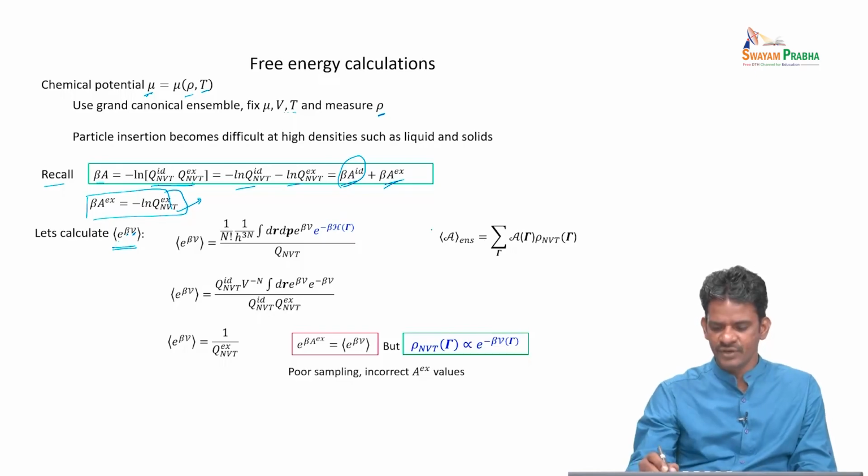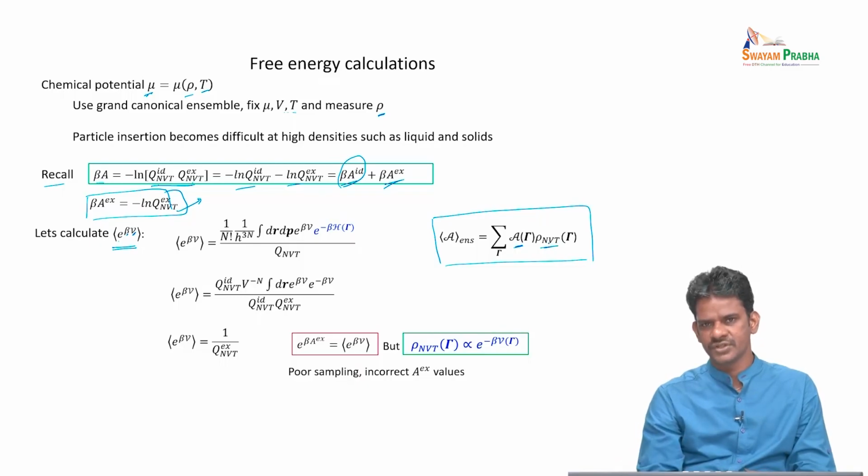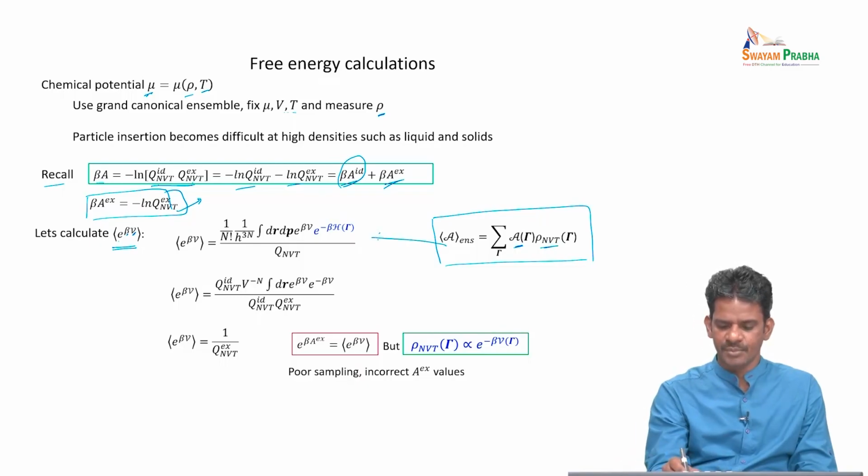To do this average, we have to recall that an ensemble average of any property is written as a sum or integral over the configuration space or the phase space, of the property in those microstates times the weightage of those microstates via the probability function. So, we use this approach and find the mean value of this exponential of beta V.